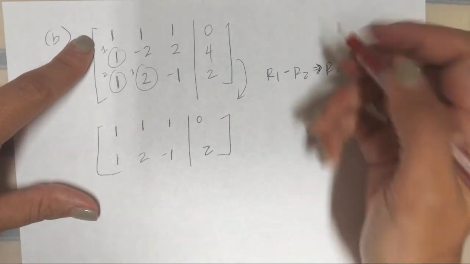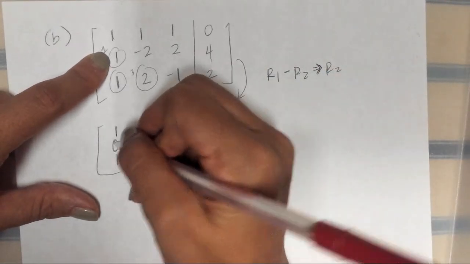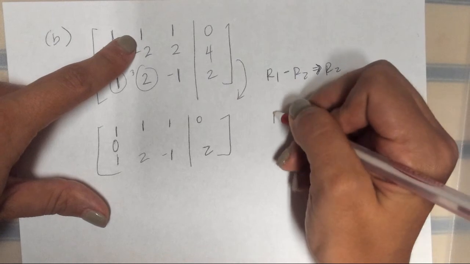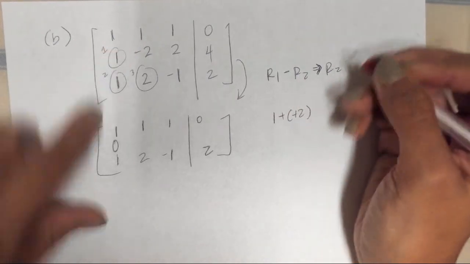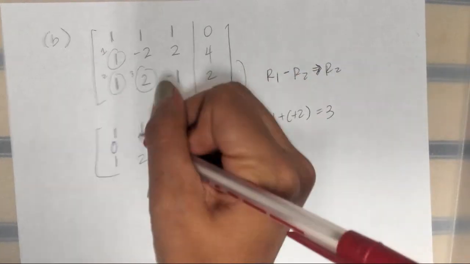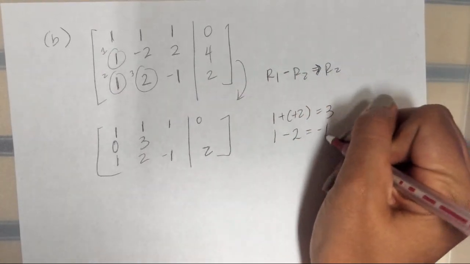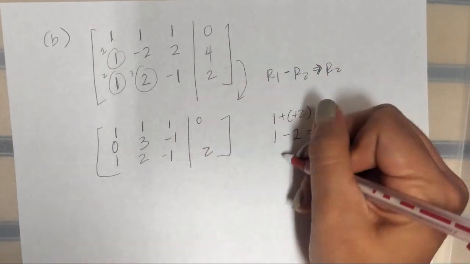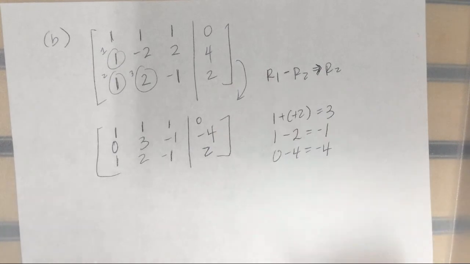Row 1, so I have 1 minus 1 gives me 0. 1, be careful with your signs. 1 minus negative 2 gives me 1 plus 2, so that's 3. 1 minus 2 gives me negative 1. And 0 minus 4 gives me negative 4. Alright, so I got this one done.